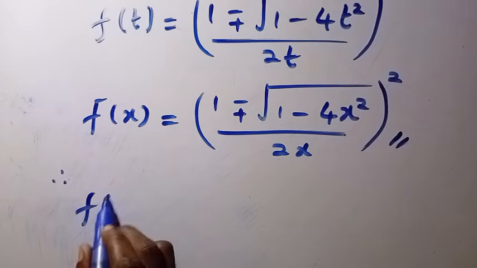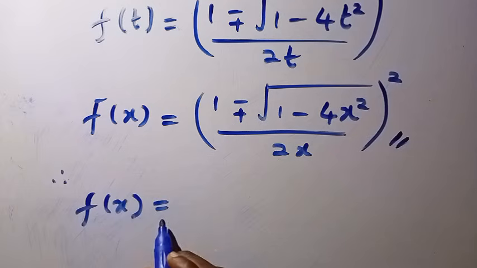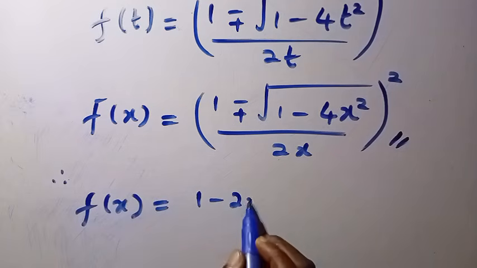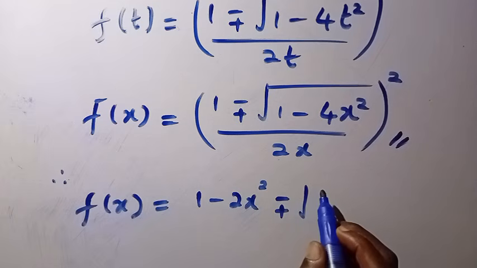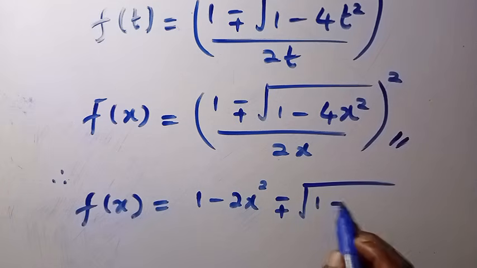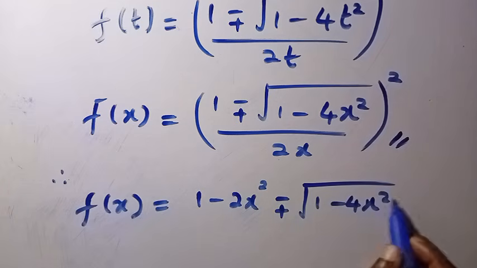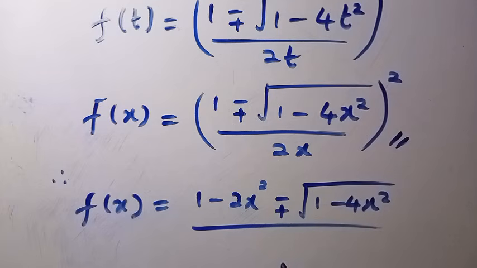By expansion, we have f of x. This gives us 1 minus 2x squared, then minus plus square root of 1 minus 4x squared, all divided by 2x squared. So this is what we are going to have when we expand this parenthesis.